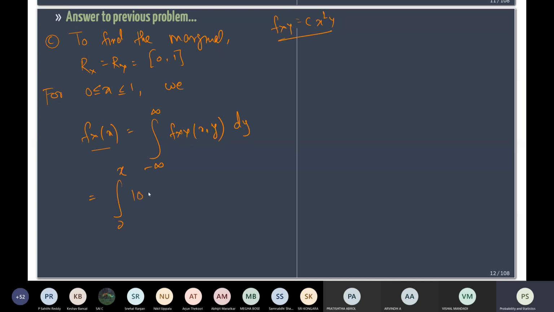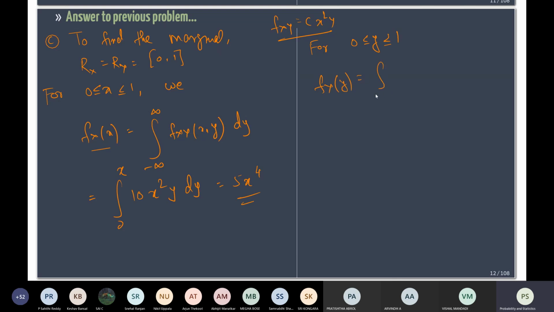So f_XY was c x square y, right? So 10 and then x square y dy, and we are doing this. So this is like y square by 2. So 5x to the 4. Okay, that is like 5x to the 4. That's it.